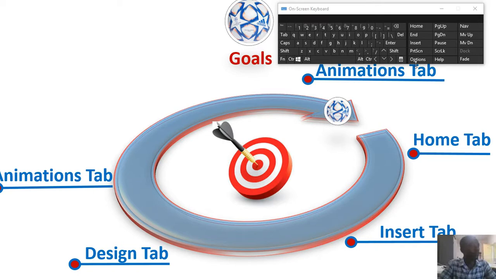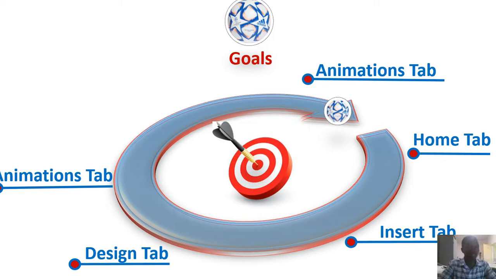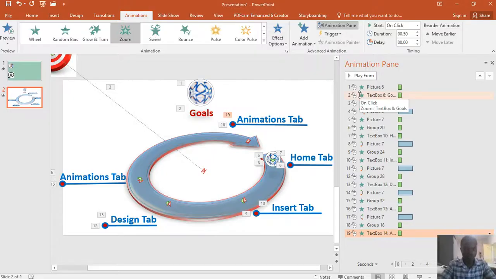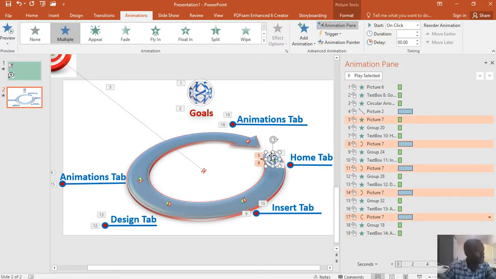But now we don't want to have many clicks like this. Another thing is we want to add an animation on our slide. What I want is I want the ball to disappear once we are done.